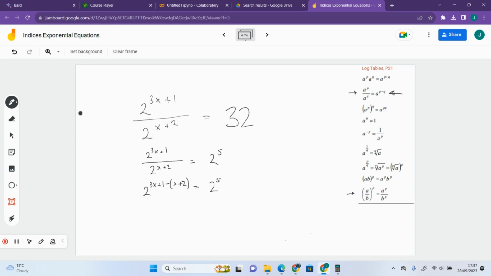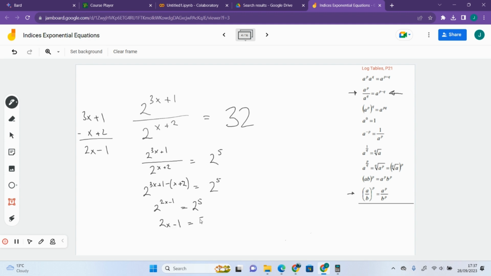Let's just do this separately, to make sure we don't make a mistake. I'm subtracting one of these from the other one. So I'm going to get 2x here, and 2 take away 1 is minus 1. So I'd be left with 2 to the power of 2x minus 1 is equal to 2 to the power of 5. I've got two bases that are the same, so I can just bring down the powers and set them equal to each other and solve the equation.